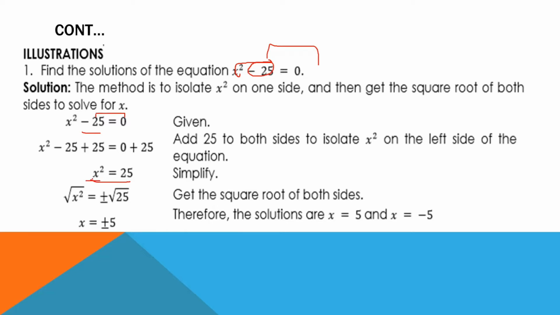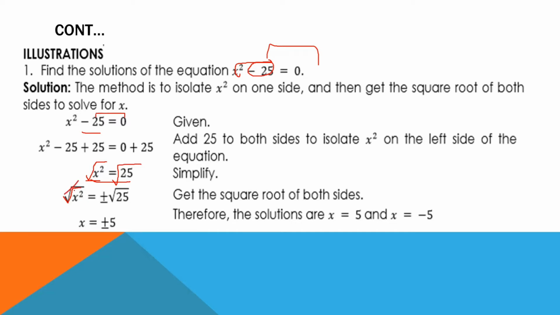So now we can move to the next step, which is to get the square root of both sides, para ma-solve natin yung x. So we take the square root of both sides, and then after that is to simplify. How are we going to simplify this?